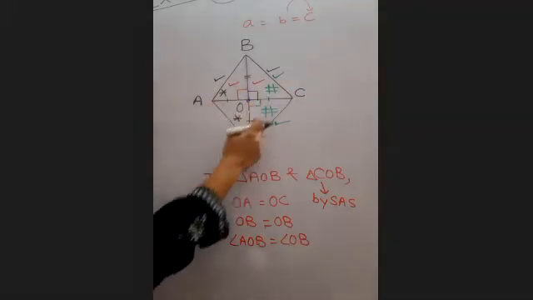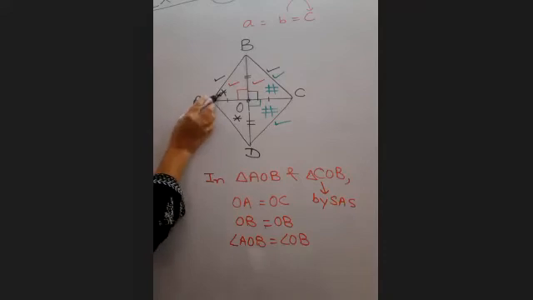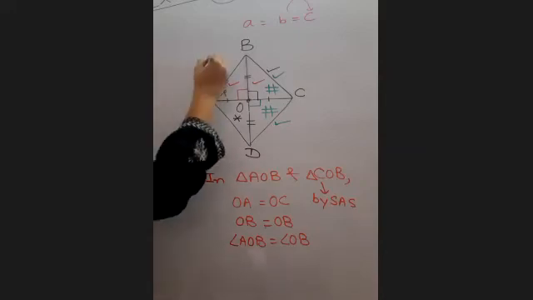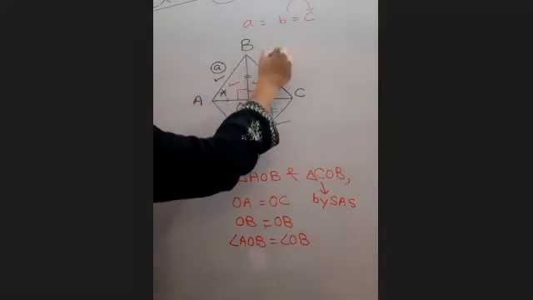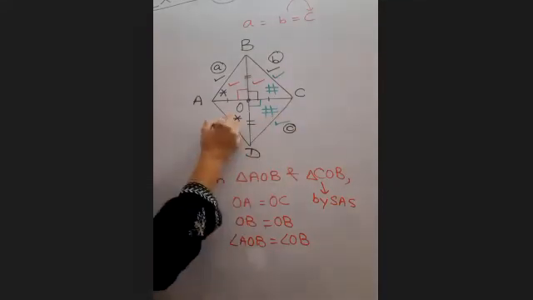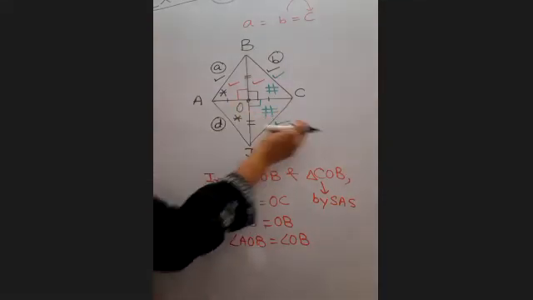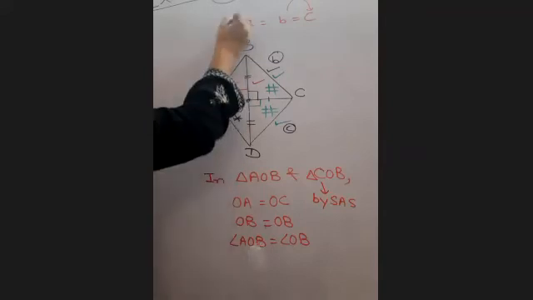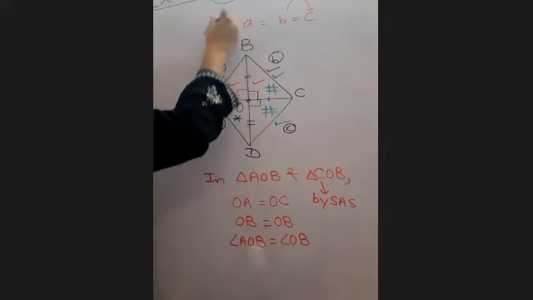Now, if I show that these two triangles are congruent, which sides will be coming equal? AD and AB. So now we are getting that AD is equal to AB.